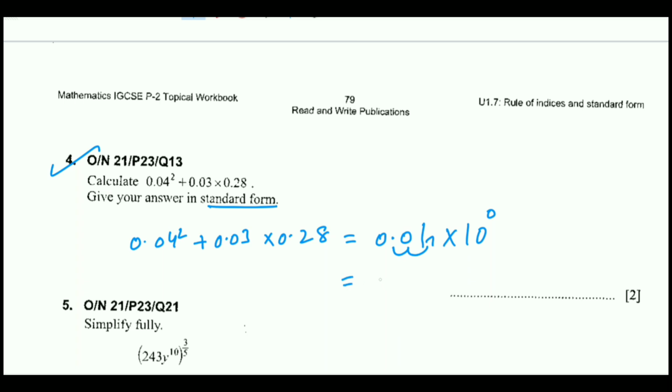It will be 1, and multiply. What you will do with the power, you are moving your decimal two numbers right side, so the power will be reduced by 2. So our answer will be 1 multiply 10 raised to power minus 2. So that will be the final answer.